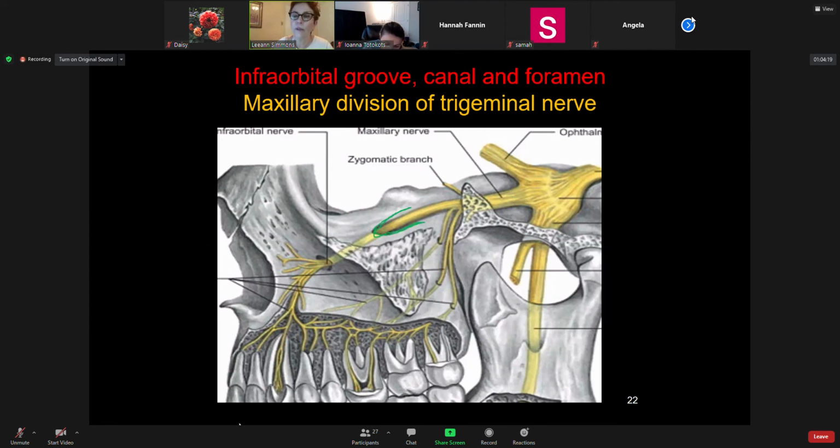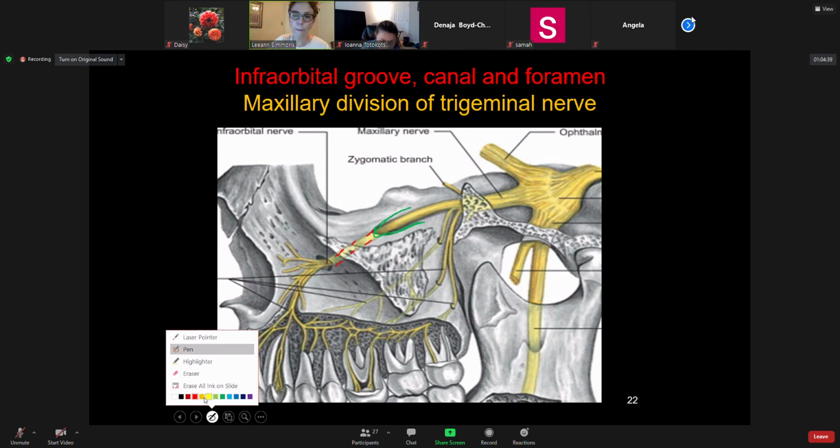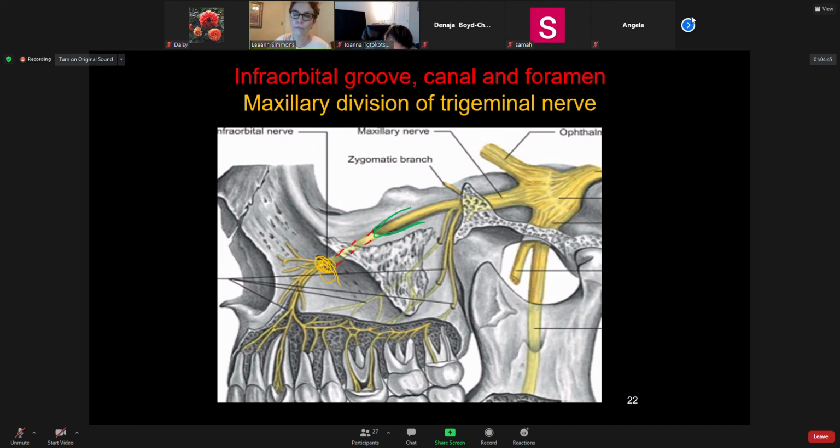There is the infraorbital canal going through the bone. You see it kind of over through a faded bone here. And then at the end is the infraorbital foramen. Right there.